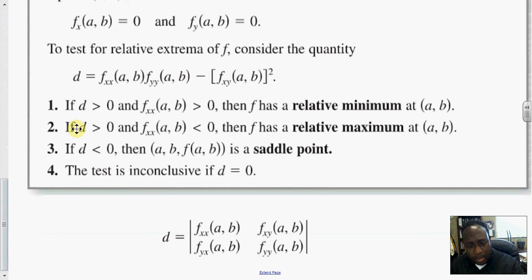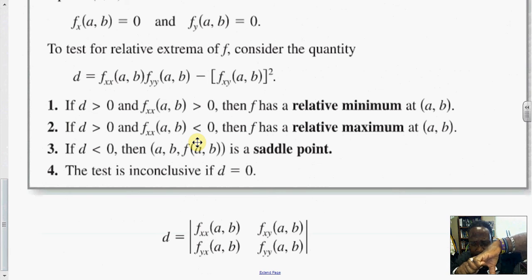The second statement: if the determinant is positive, and if the second partial with respect to x is negative, that means that the concavity is going down. So then you have a relative maximum.